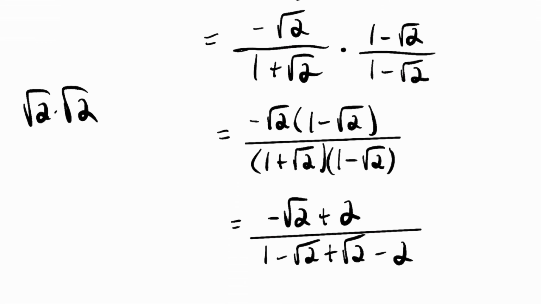These two root 2's will cancel, negative root 2 plus root 2. What does not work, a somewhat common mistake, is to try to cancel these 2's. That doesn't work. That's not how cancellation in a fraction works. If you're unclear on that, send me an email, post a comment, and I can give more detail.